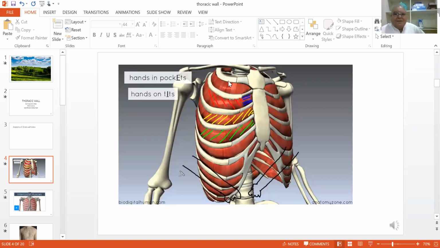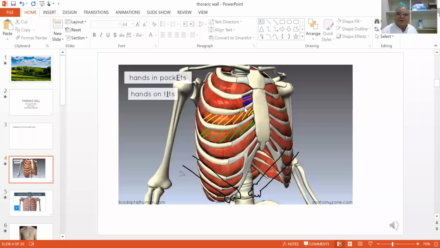So the external intercostal muscle, as I showed you already, the groove here. This external one is arising from the sharp edge of the groove, coming down from this sharp edge of the rib, downward and forward in this oblique way.